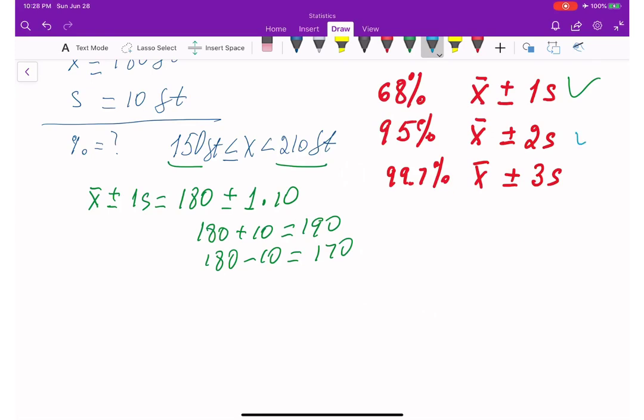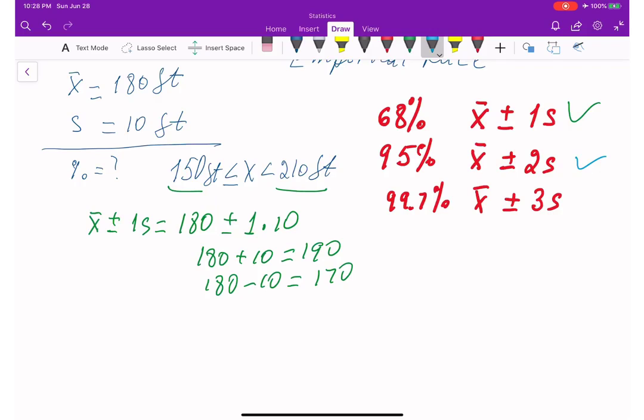Now we are testing two standard deviations. X bar plus or minus two standard deviations is 180 plus or minus twice 10.